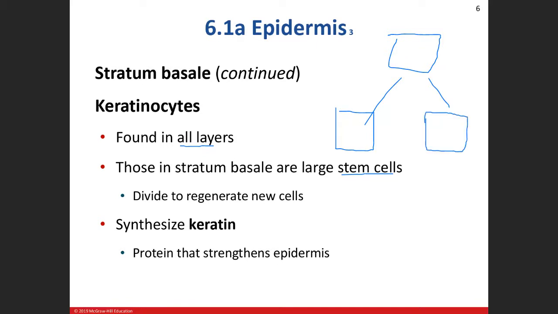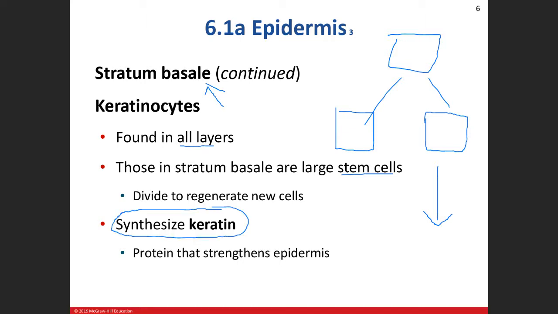So what will happen is, when one of these cells divides and now we have two cells, one of those cells will stay in this layer, and the other one will move to the next layer, which is the stratum spinosum. So keep that in mind. Once the cell divides, one stays, the other one's got to go. And the one that goes will eventually move on to make keratin.